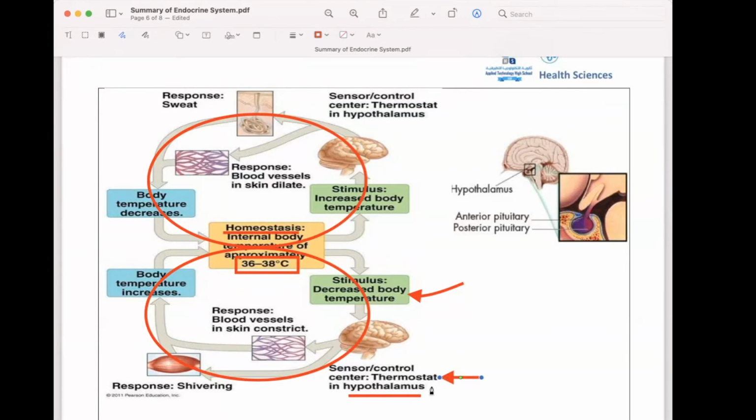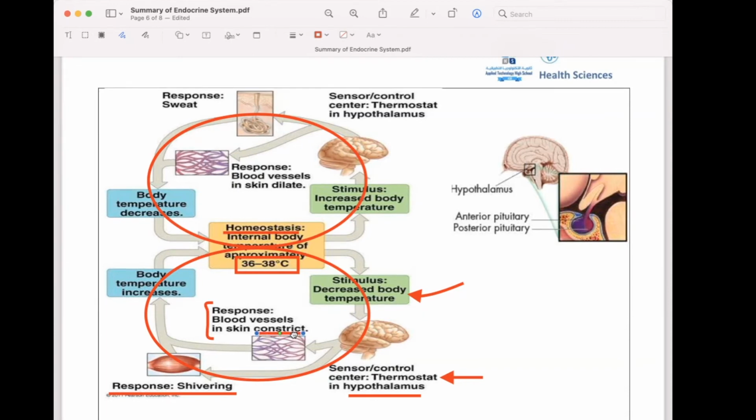This hypothalamus sends the message to your body muscles to shiver. You can rub your hands, or you can curl your body, folding it and bringing your legs closer to the belly. Or it sends the message to the blood vessels to constrict.